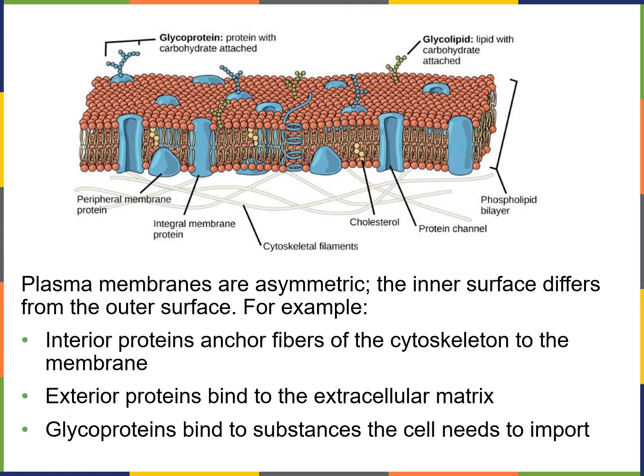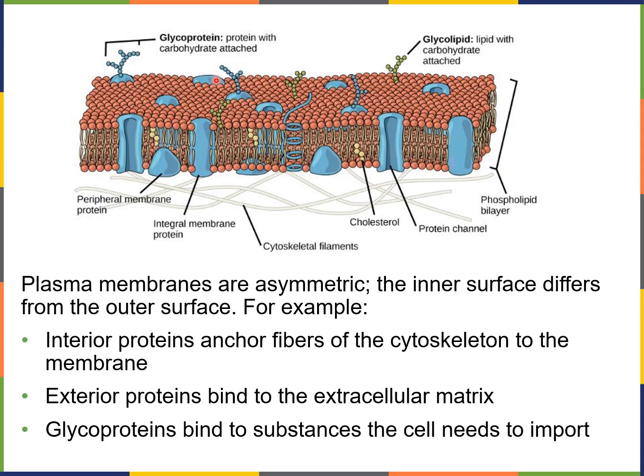The plasma membrane is also asymmetric, meaning that the interior, the cytoplasmic inside, and the exterior, the area that faces the extracellular environment, are not the same. The interior proteins are often anchored by the cytoskeleton, which includes microtubules, microfilaments, and intermediate filaments.